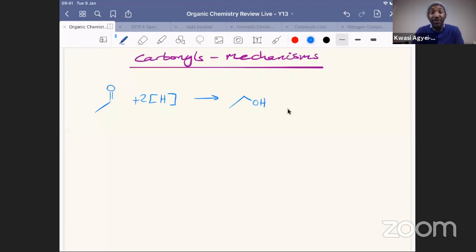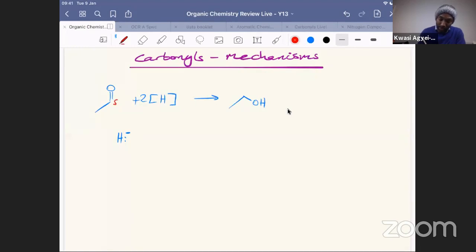As far as the mechanism goes, it's simplified to show the reducing agent as the hydride ion. The hydride ion is, of course, the H- ion. It's got a lone pair on it, and it is a nucleophile, an electron pair donor. It's going to attack the carbonyl. Why is it able to attack the carbonyl group?